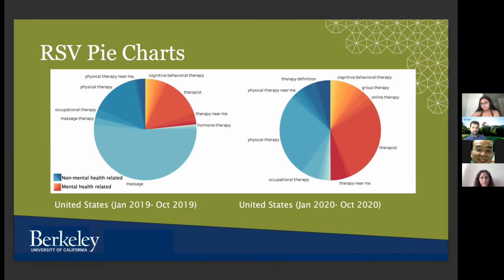And as we can see, first there are the pie charts for the US in general and they show how user concern has changed from 2019 to 2020. Mental health related top queries pretty much doubled relative to concern for non-mental health related top queries between both years.